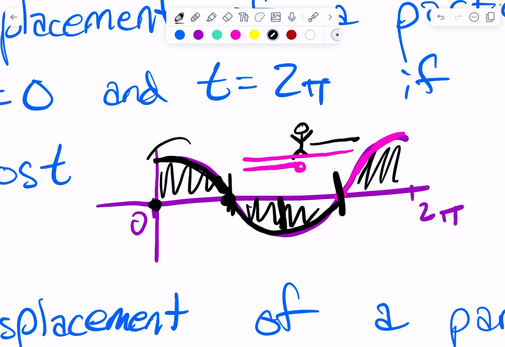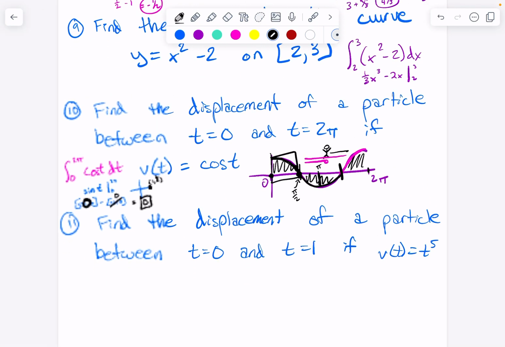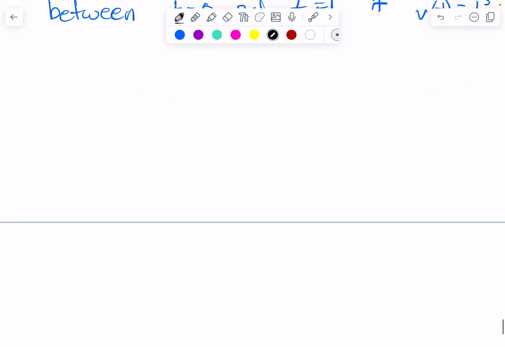I want positive distance. What is this mark right here? That is pi over 2, because here would be pi, if that's 2 pi. So I would find the distance over pi over 2 and multiply by 4 if you were trying to find total distance. But displacement is where we end up relative to where we started. So there's that.